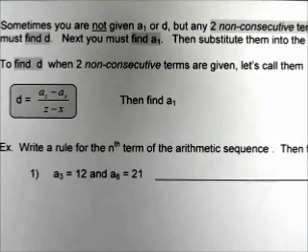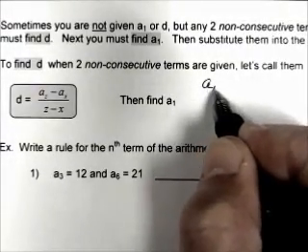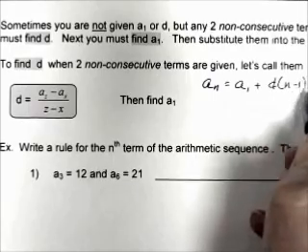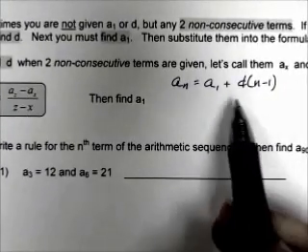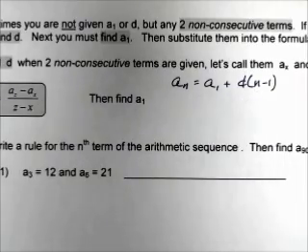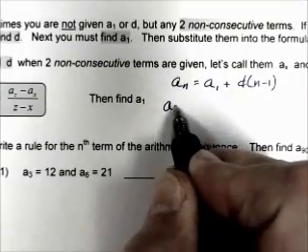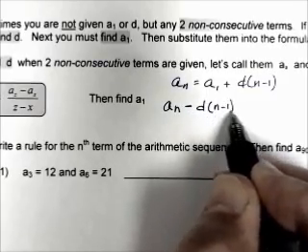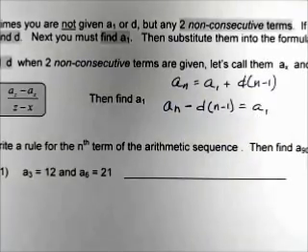Then to find a_1, if I go back to our formula and solve this for a_1, I simply subtract d times n minus 1. So if we take a_n, subtract d times n minus 1, that'll get us a_1.